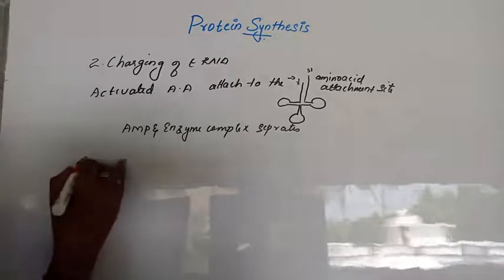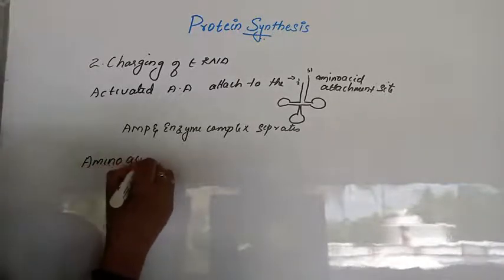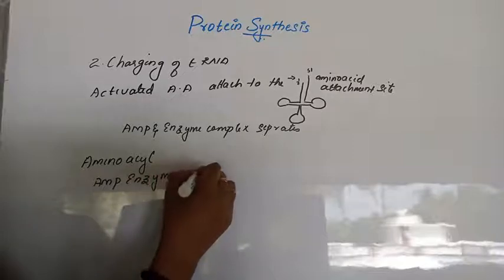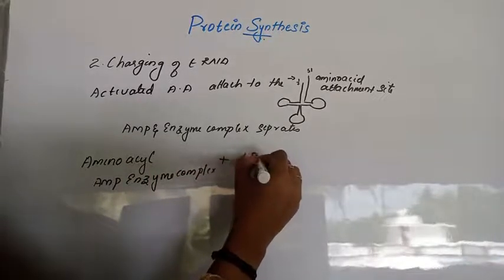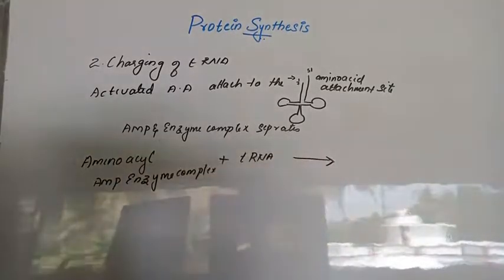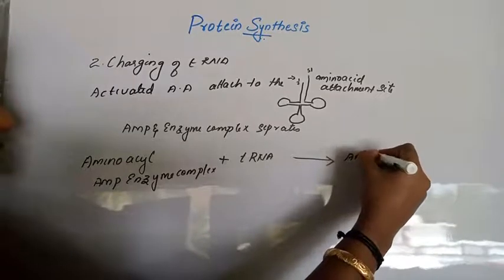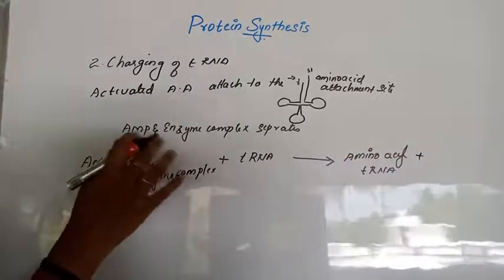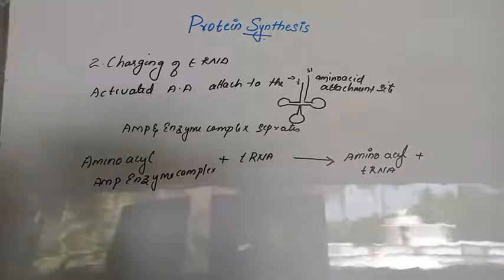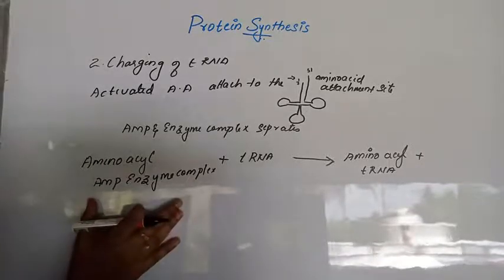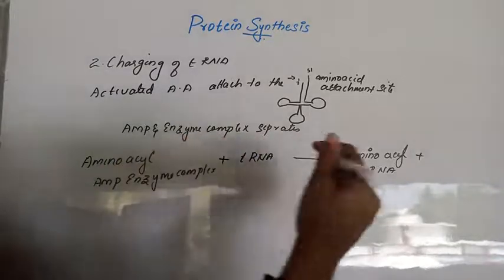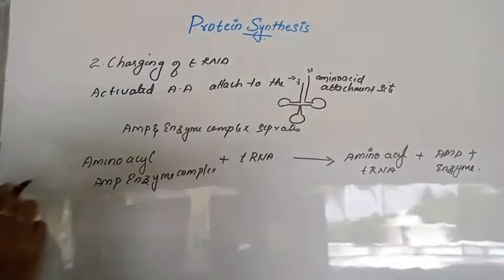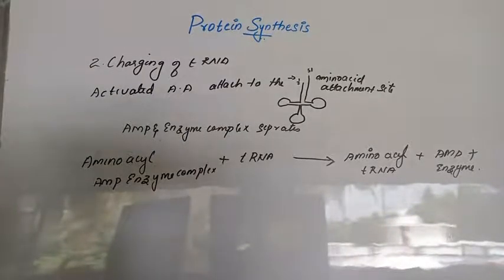So what is the reaction? Aminoacyl AMP enzyme complex plus specific tRNA molecule will give aminoacyl tRNA, which is amino acid bound tRNA, plus AMP and enzyme, which separate.